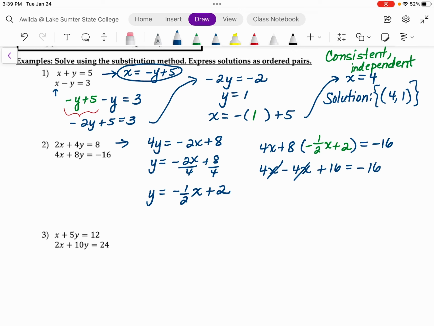So we're left with 16 is equal to negative 16. Well, this is a false statement. It's never true, regardless of what value of x we choose. This is what we call a contradiction, a statement that can never be true, regardless of our choice for the variable. That means that there is no solution to this system.